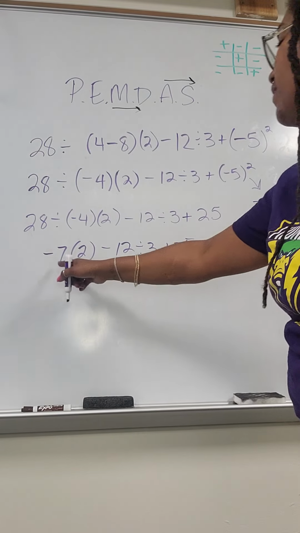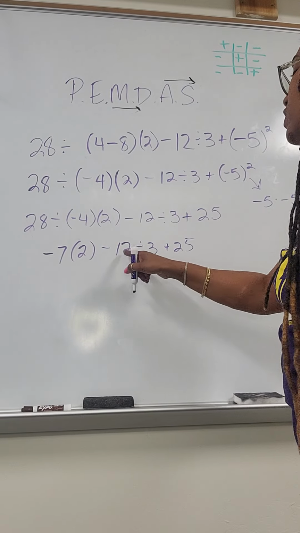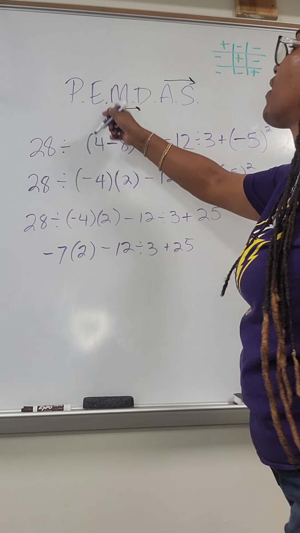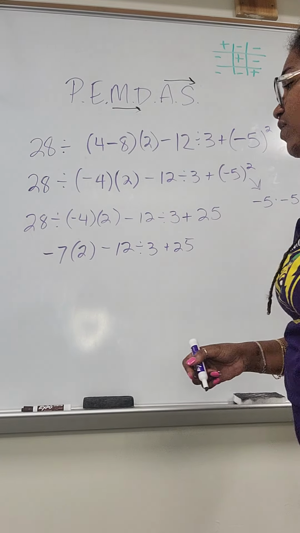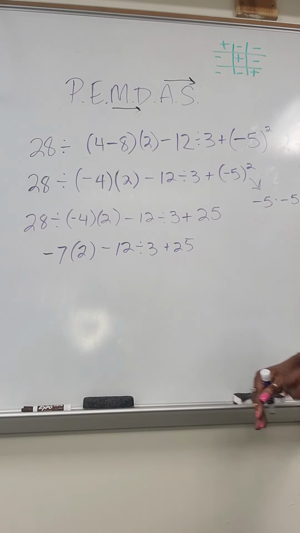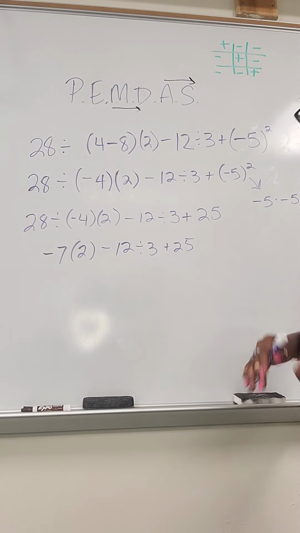So now, left to right, I have a -7 times 2 minus 12 divided by 3 plus 25. Again, I'm still working on multiplication and division from left to right, but notice I'm only doing one evaluation per line to make sure I don't miss anything and I can see everything that's going on.